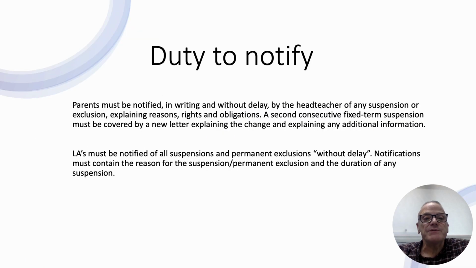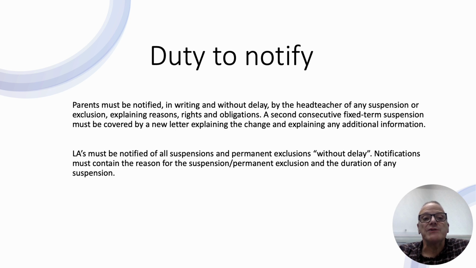The duty to notify. Parents must be notified in writing and without delay by the head teacher of any suspension or exclusion, explaining reasons, rights and obligations. A second consecutive fixed-term suspension must be covered by a new letter explaining the change and any additional information.